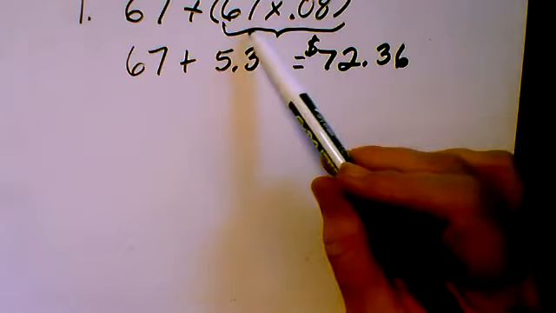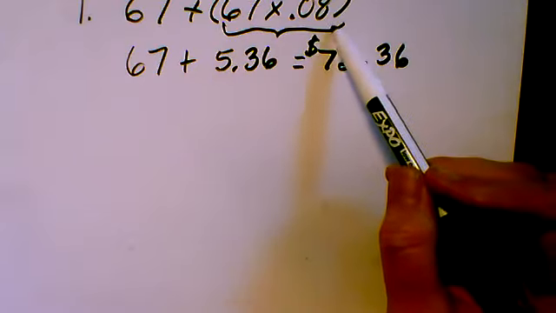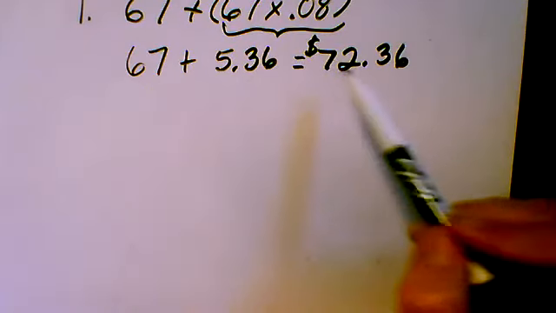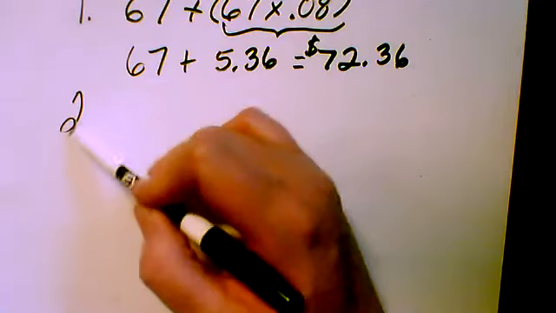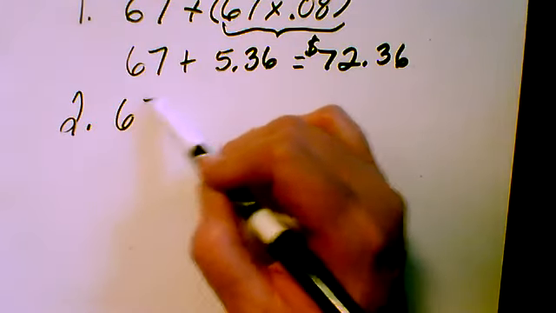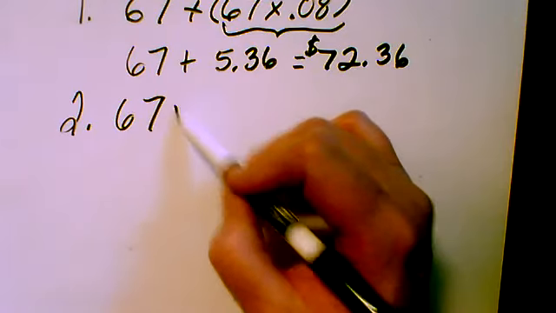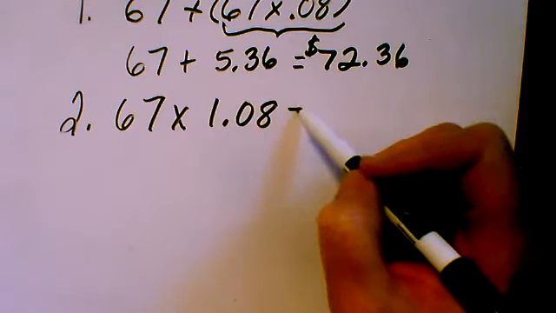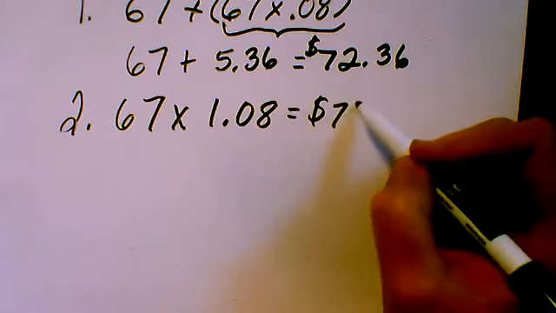Now, if your child wants to use the calculator for this part of the equation, that's fine. And then go ahead and add these together. The second method actually is my favorite method, and that is 67 times 1.08 equals $72.36.